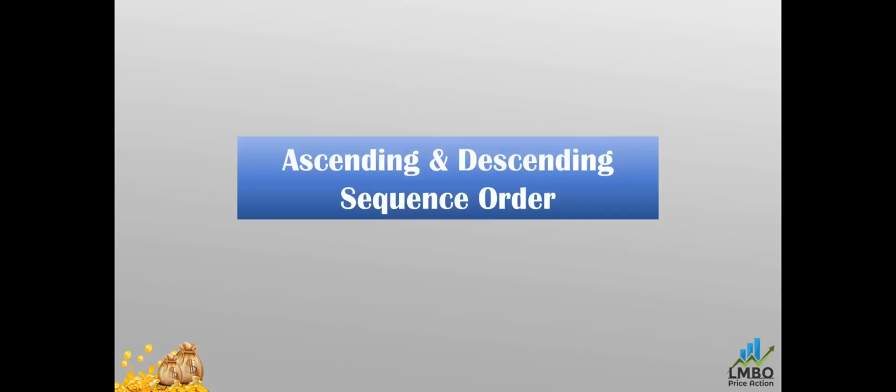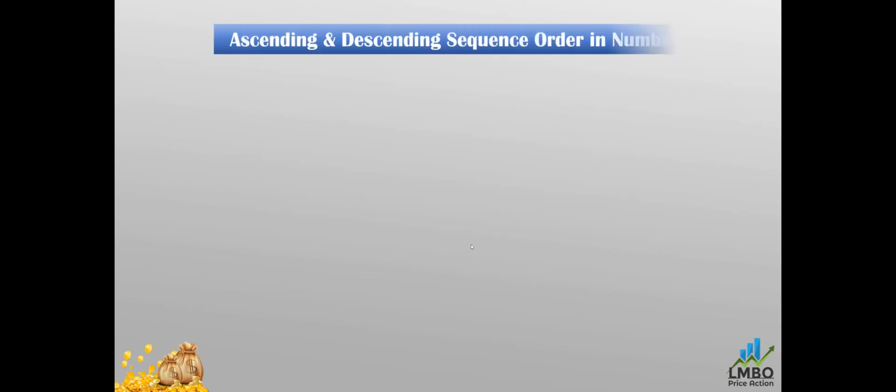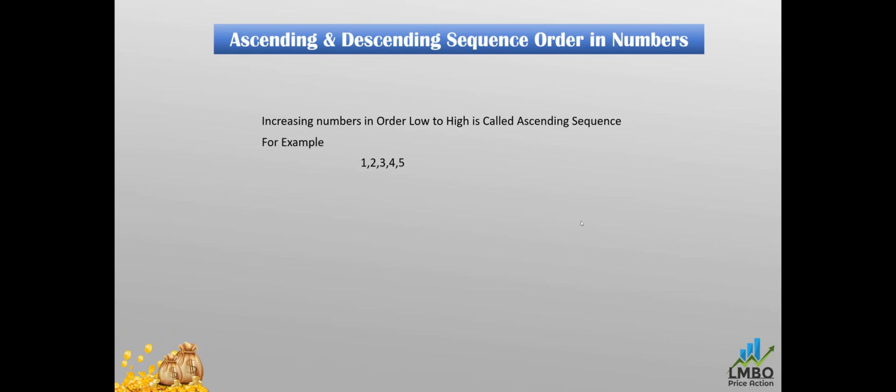So the first sequence is the ascending and descending order sequence. This sequence is very easy, and it helps to understand the momentum of the market, and to identify which pattern is tradable and which pattern we can avoid. Look, the ascending sequence shows increasing numbers in order, low to high, like 1, 2, 3, 4, 5, or 1, 3, 5.